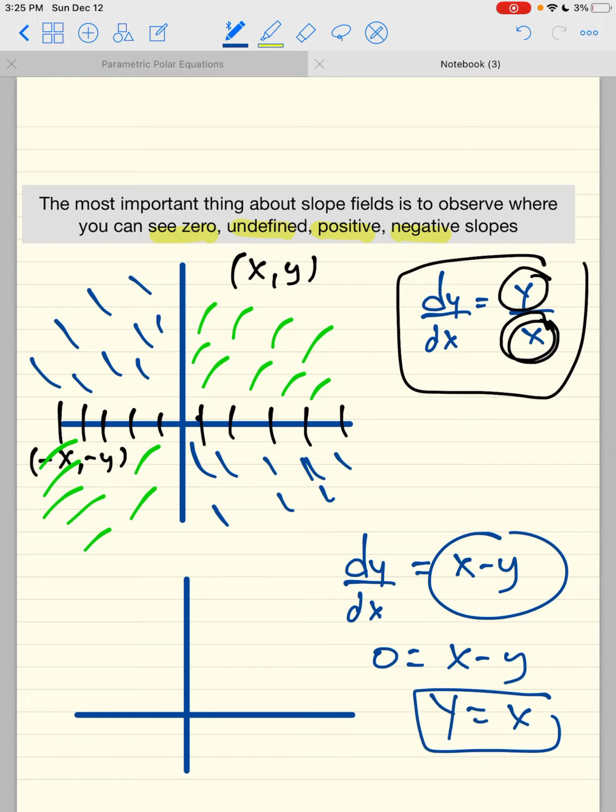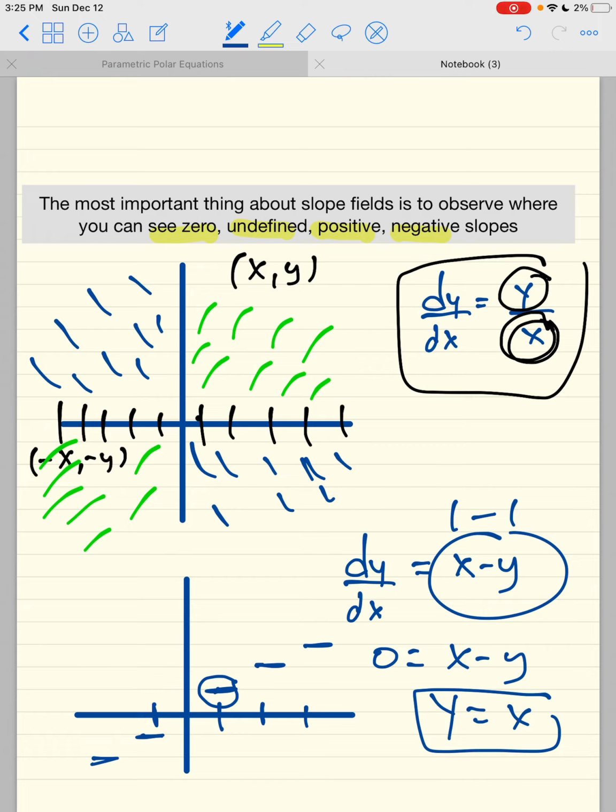Everywhere x and y are the same value, like 2, 2, 0. 3, 3, 0. Negative 1, negative 1, 0. That's because if you put, let's say, this point here, which is 1, 1, then 1 minus 1 makes 0. So you kind of have to look for those in the picture.